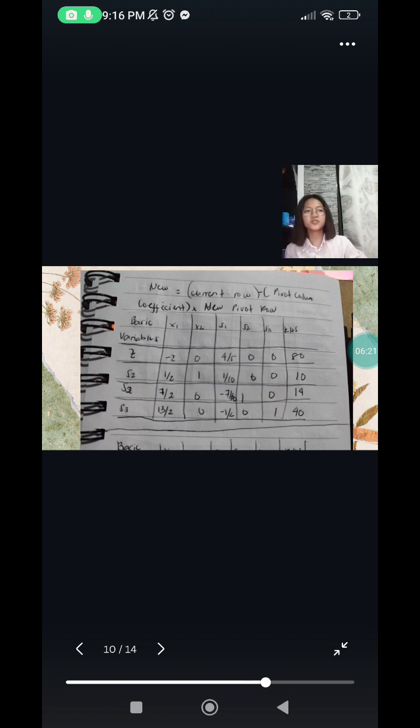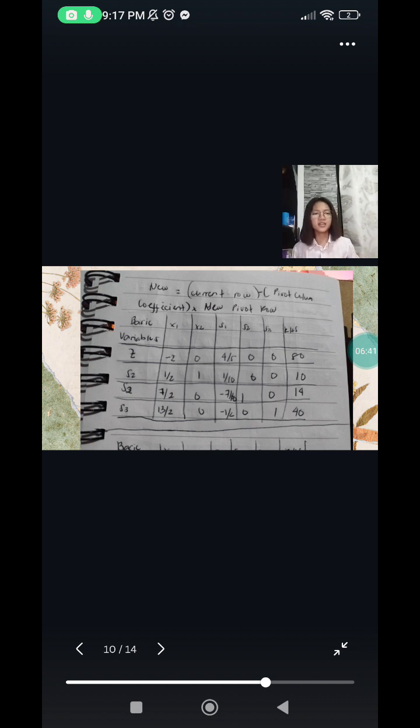Next, we need to solve using the formula: new row is equal to current row minus pivot column coefficient times new pivot row.